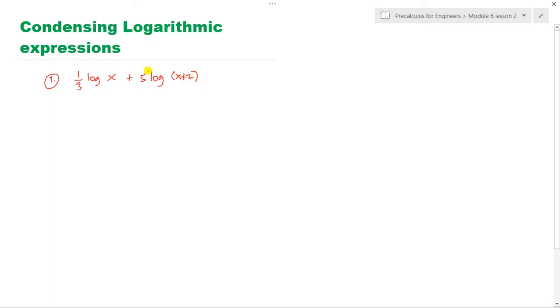So first thing you need to do is to condense the exponent, or apply the power rule. If you have log of x raised to n to the base a, it is just equal to n log of x to the base a.